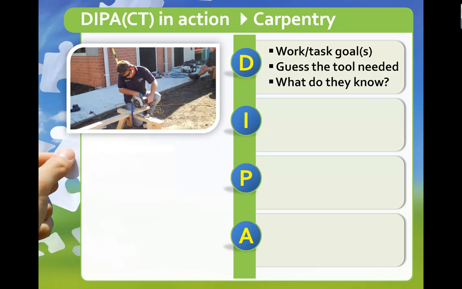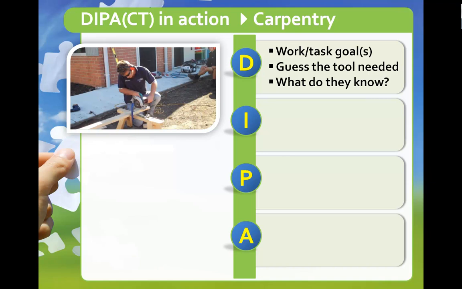He may go through that process with the learners, complete a SWIMS document, and then he may say to them, well, here are our tasks and goals, what tools are we going to need? So he could get the learners to start making some guesses about the different tools they're going to need for the different jobs they want to achieve that day.